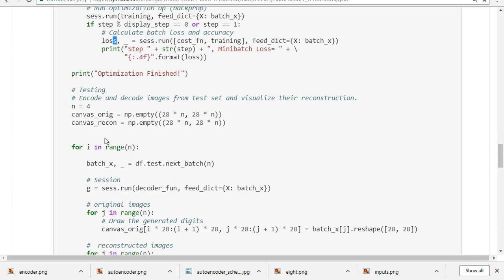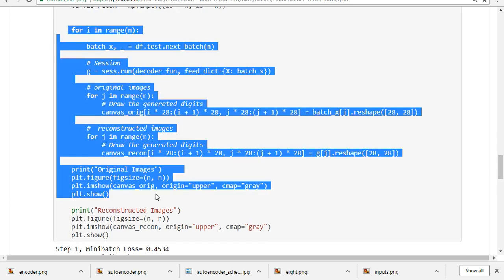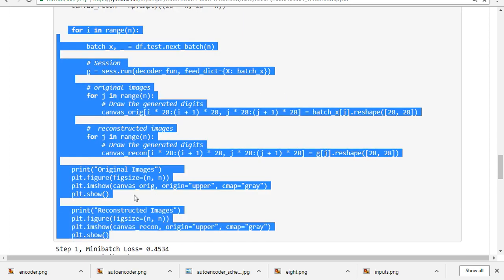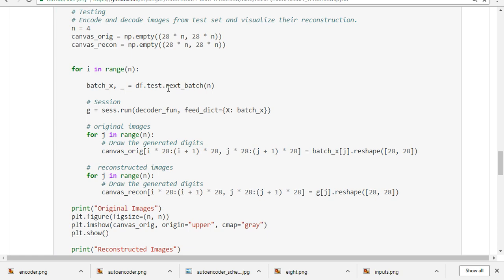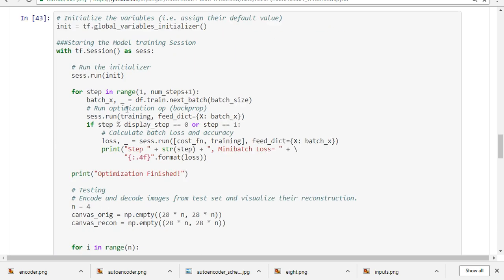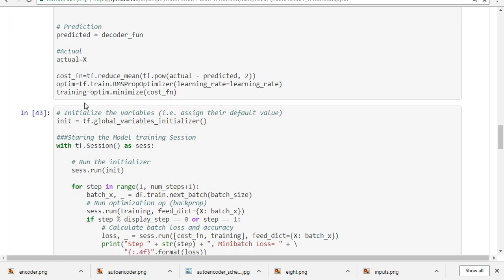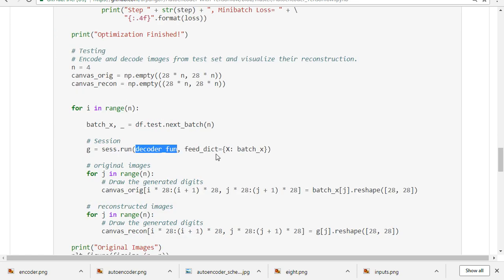Now this part of code is for displaying the images in the real and compressed state. What we are using is, you're again taking the batch of the test images, not the training images, and then you're running sess.run, and you're using the decoder function which you have already defined here, and you're using the feed_dict, which is the batch X, which is this one.